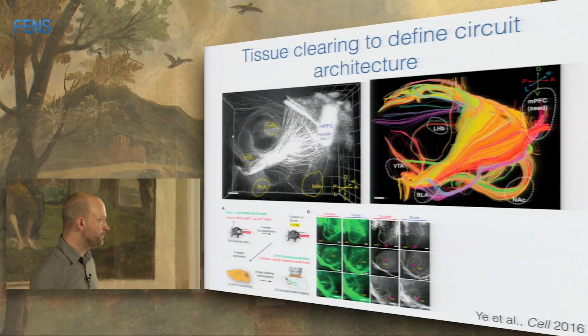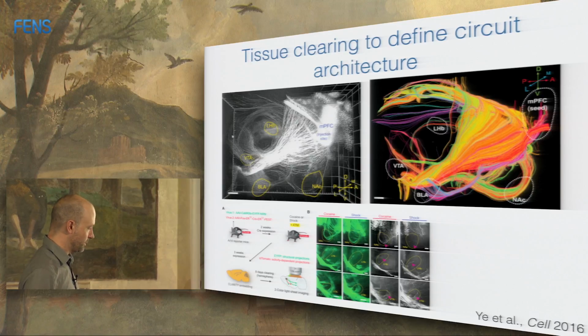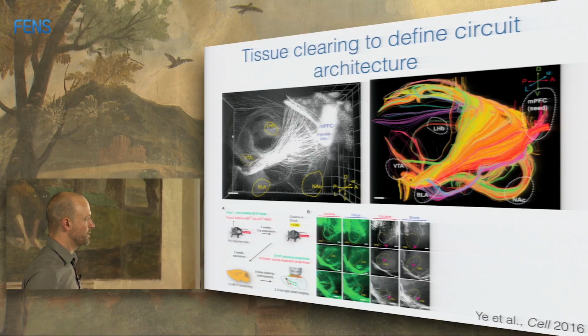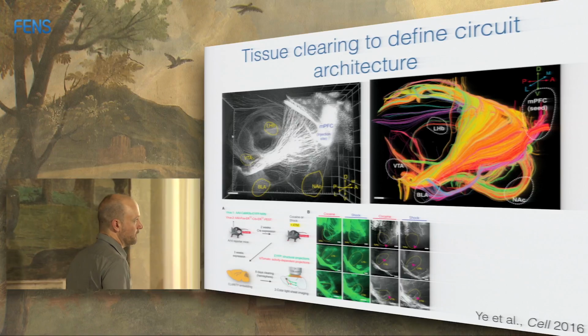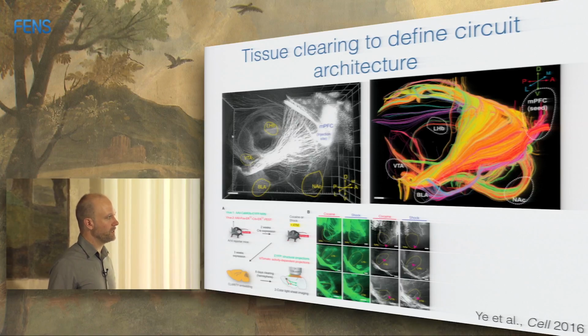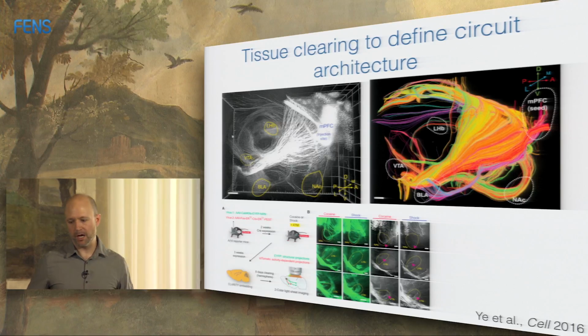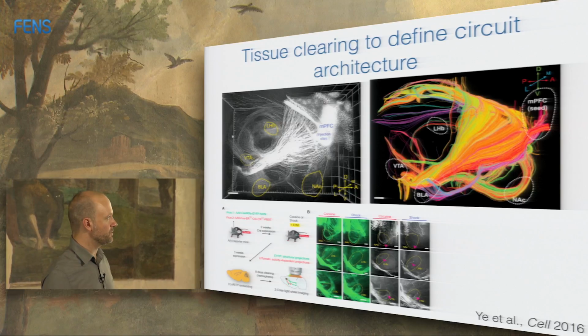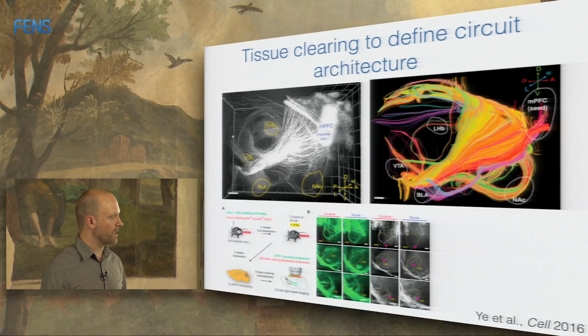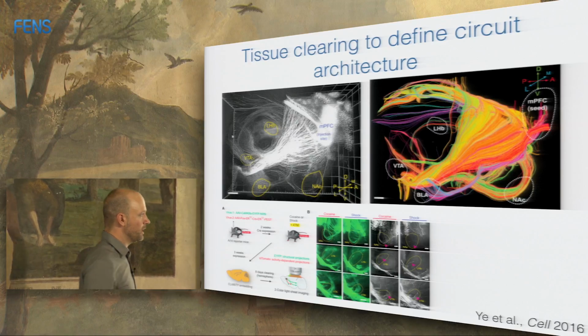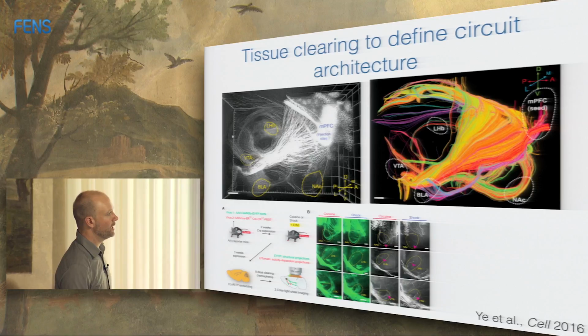What's been developed in a number of different labs, using competing and slightly different technologies, is ways to take opaque tissue such as the brain and essentially clear the lipids out, but leave the protein structure largely intact, which then makes the brain, or what's left of the brain after you take out the lipids, relatively transparent. And so once it's transparent, you can image essentially in the intact brain, or what's left.